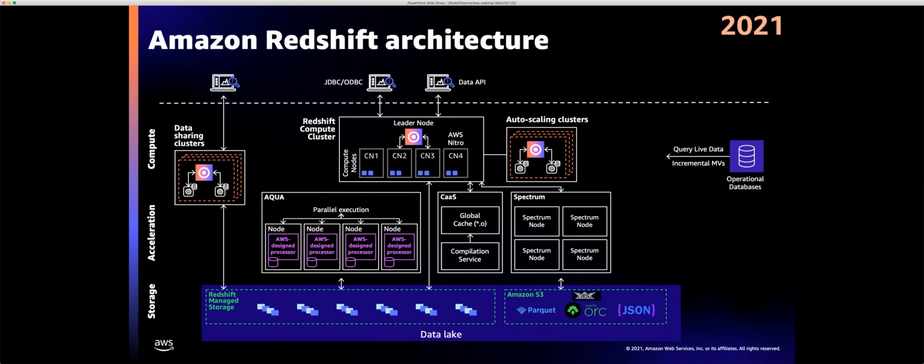They control how big the compute is and what their performance requirements are. So data sharing provides users with compute isolation. For example, marketing can have their own compute, and finance can have their own compute based on month-end processing and whatnot. And they are both operating on the same set of data.